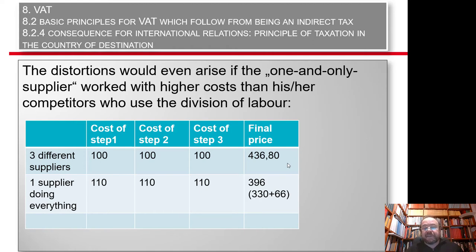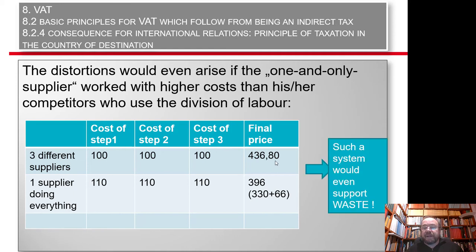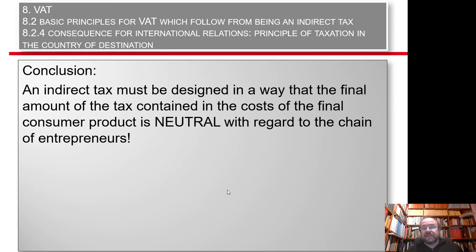In that case, the total net cost would be 330. 66 would come on top for the VAT, and the price would still be more favorable than in case of A, B, and C, although A, B, and C work more effectively. So such a system would also support the waste of resources by your economy. So everything would be extremely bad.